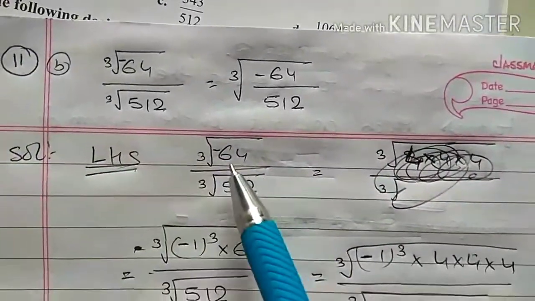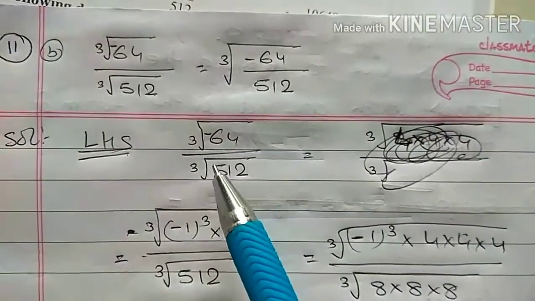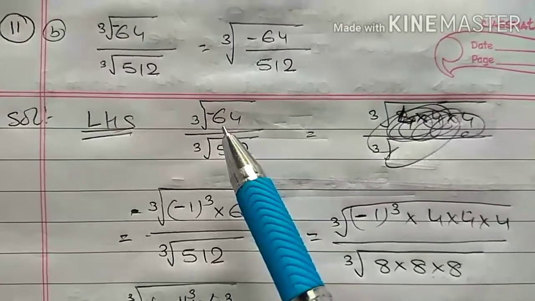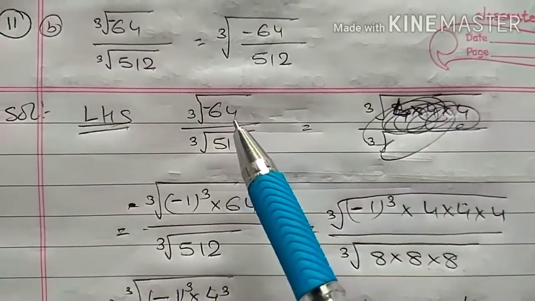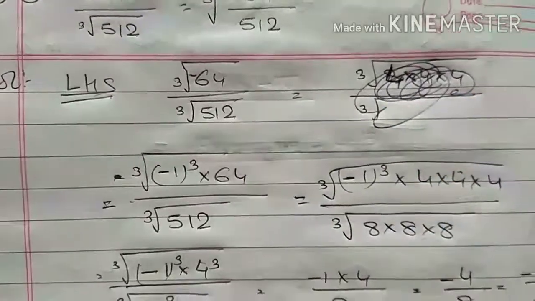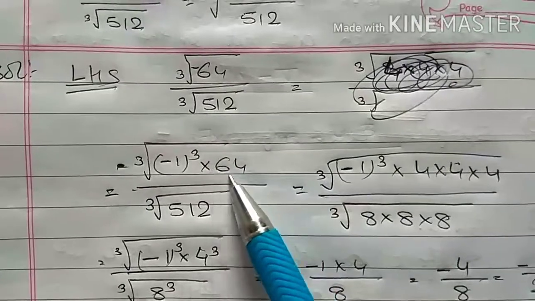So take LHS as cube root of -64 by 512. You know that one. Even many times we have discussed that one. If any number is written in negative form, we can write -1 to the power cube. Okay, so that's why I have written -1 to the power cube, and 64 becomes the positive value.